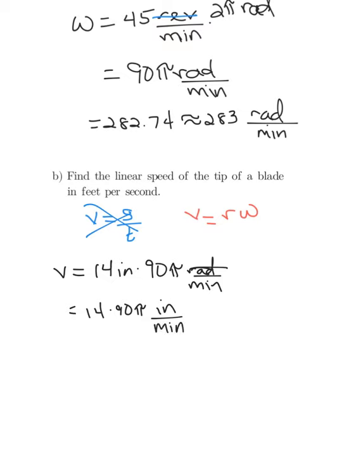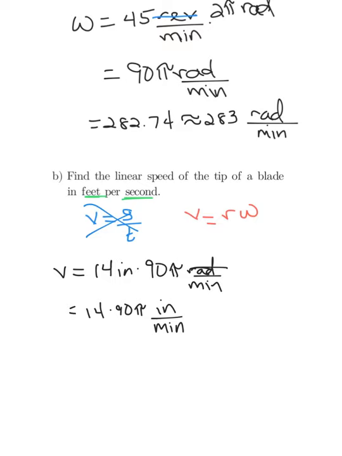If you look at what we're supposed to be doing, it needs to be in feet and seconds. So those of you who have taken chemistry in the past, it's coming back to haunt you. We have to do conversions. In order to convert from inches to feet, we know that there are 12 inches in 1 foot. We need the inches to cancel out.